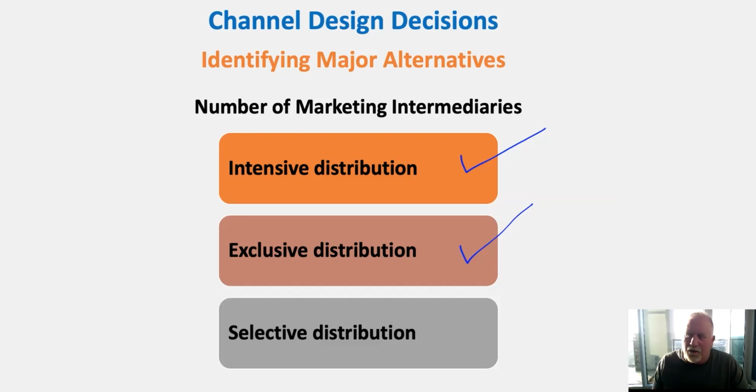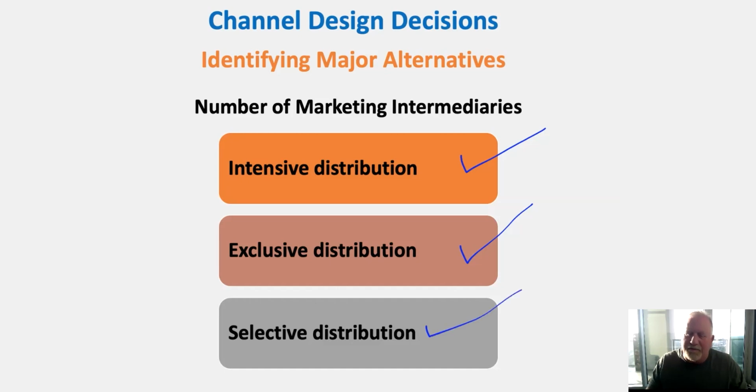They may actually only allow one distributor in the entire city. So exclusive distribution makes it exclusive to a particular area or marketplace so that we limit the number of suppliers in that marketplace, limiting the opportunity to compete against each other. And that makes them exclusive to that area.